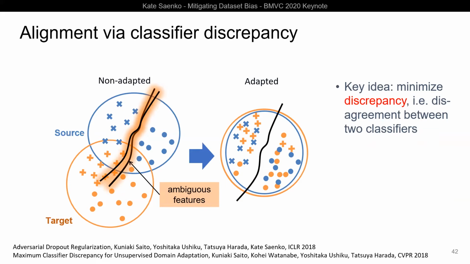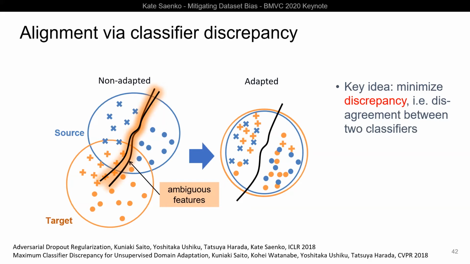Well, if you look at the papers below, one of them just trains different versions of the classifier, and the other one, the adversarial dropout paper, uses dropout on the same classifier twice to produce two slightly different decision boundaries.